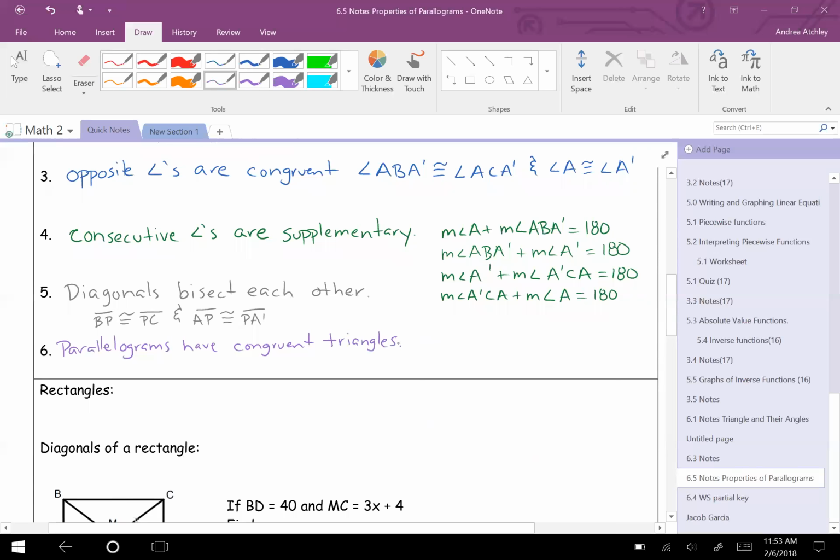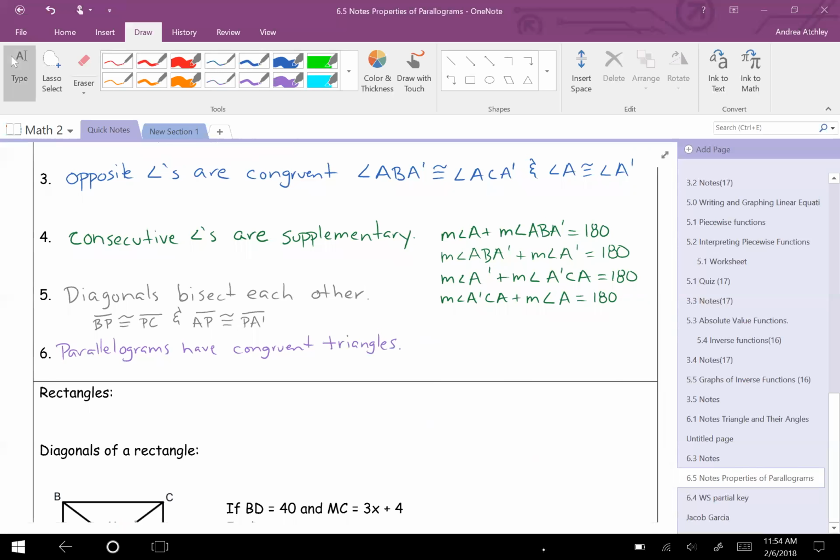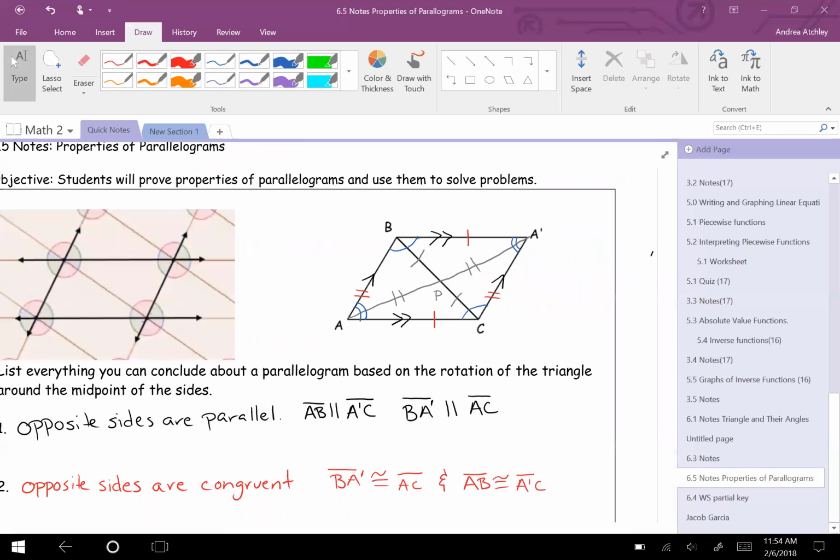Parallelograms are created through combining congruent triangles or by rotating a triangle about one of its sides' midpoint. So they have congruent triangles as part of them. So in this one, we would see this top triangle of BA prime C is congruent to the bottom triangle of BAC.